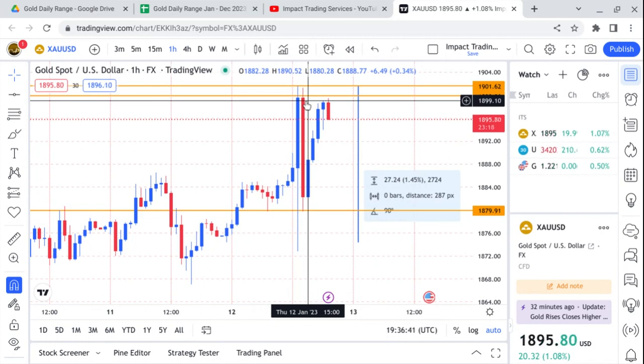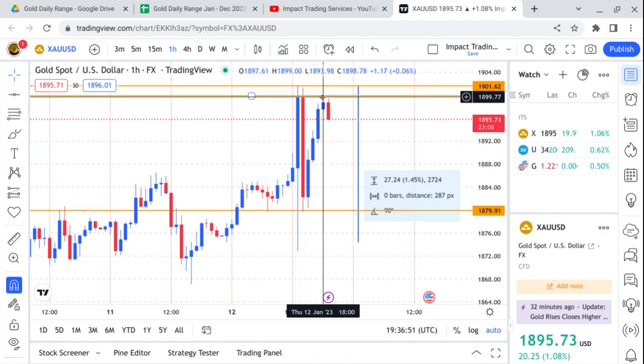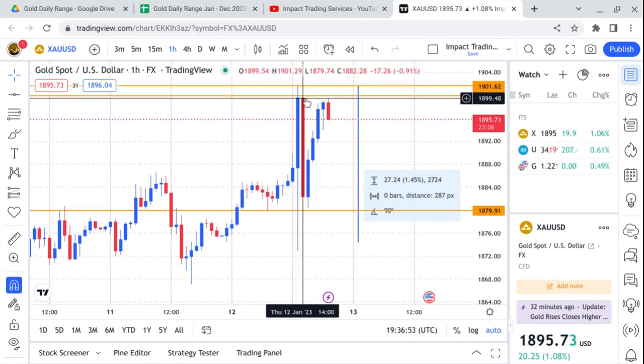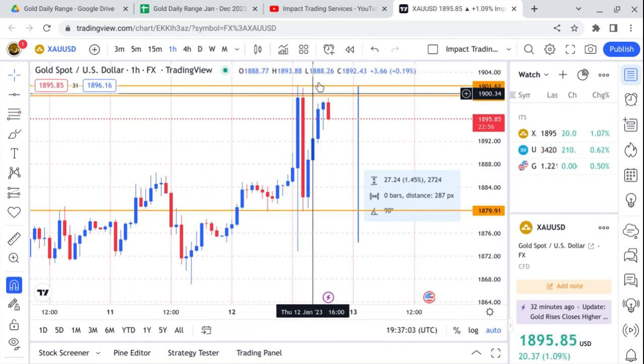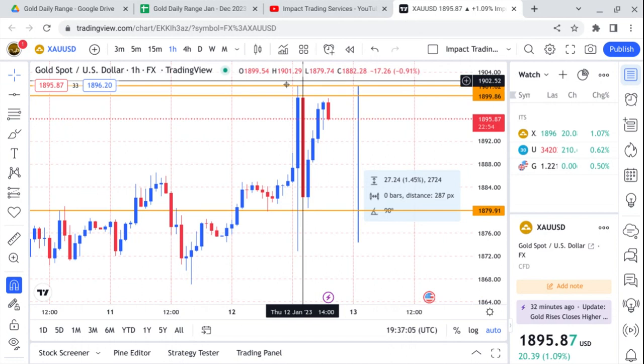Now again, understand that all markets, the stock market, the food market, commodities, corn, oil, gold, the only cause of movement in any market is supply and demand. The only cause of movement in any market is supply and demand.